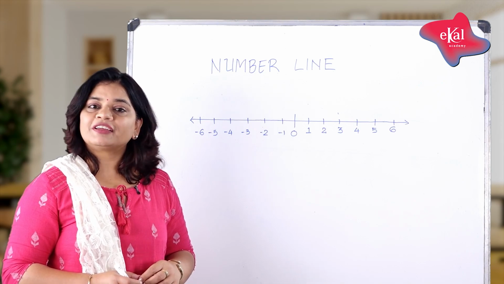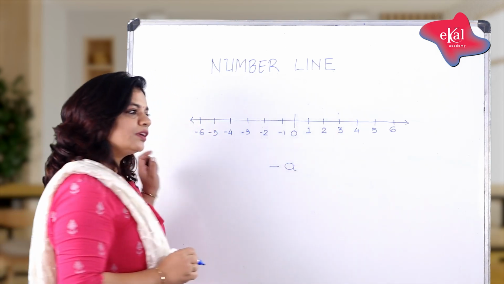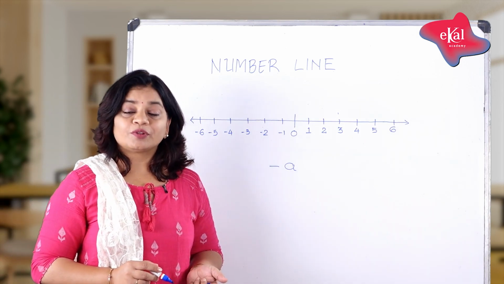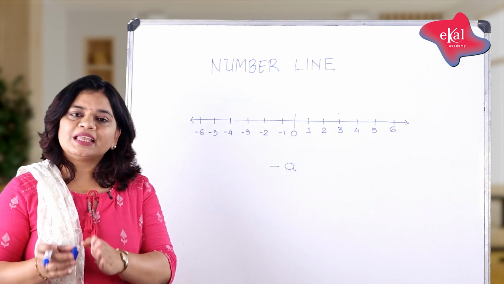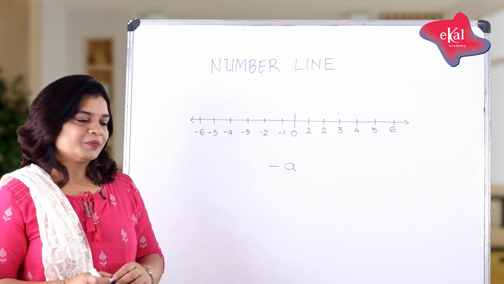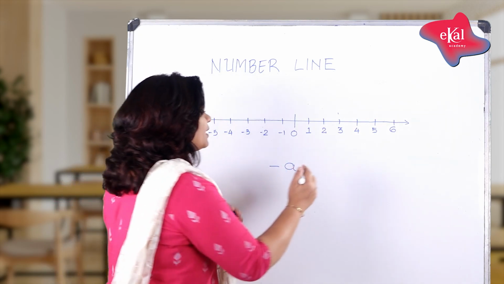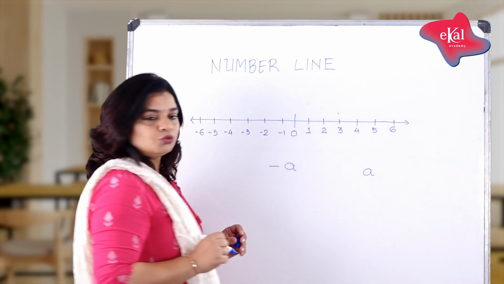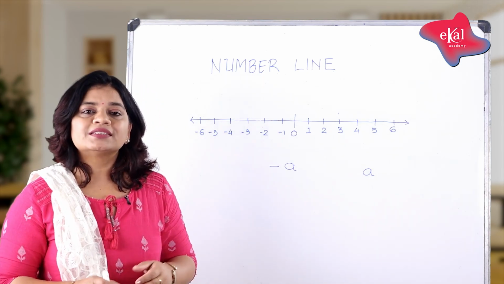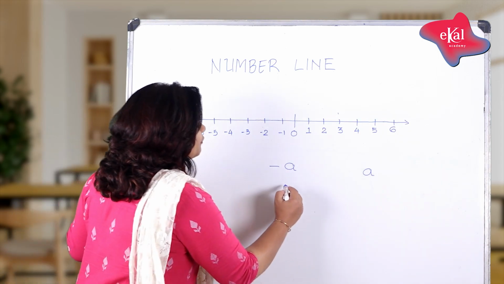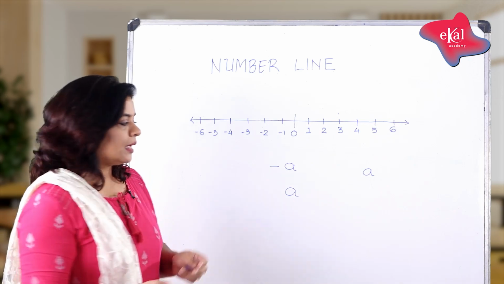For example, if I take a number minus a, and I ask what is the opposite of minus a or the additive inverse of minus a, then we have to write the same number but with the opposite sign. The sign here is minus, so its answer will be plus a. We do not write positive integers with a plus sign, we just write the number without any sign. It means it's a positive number. For example, if a number is a, then its opposite number or the additive inverse will be minus a.